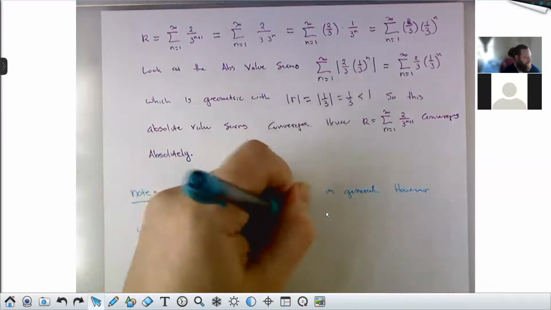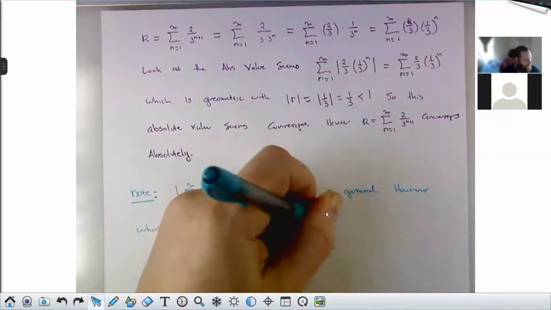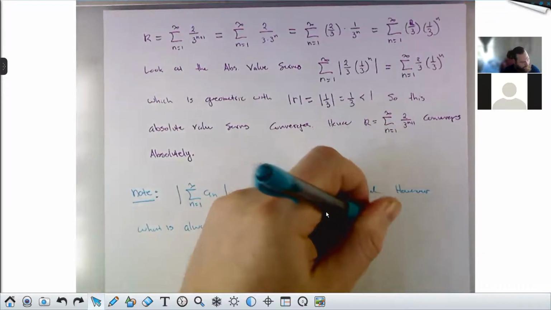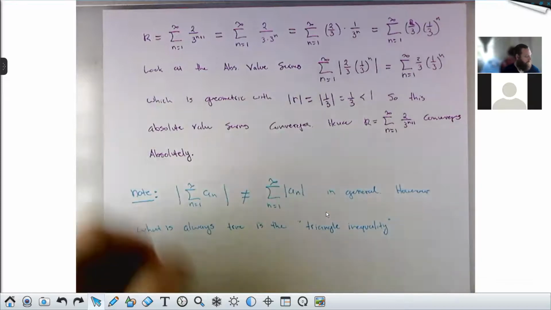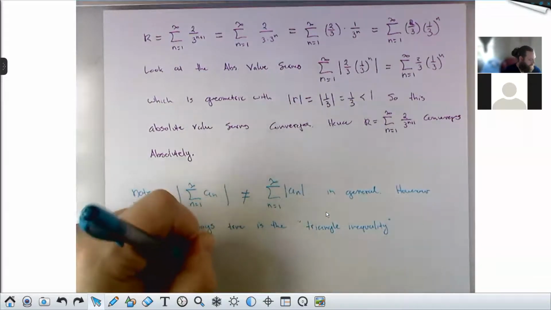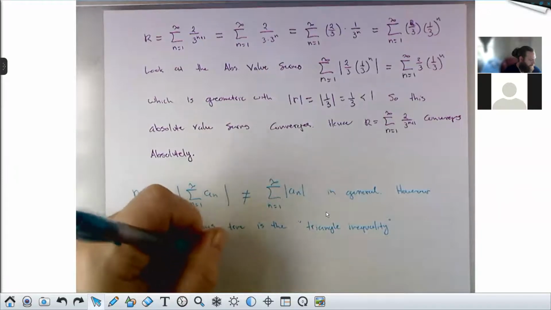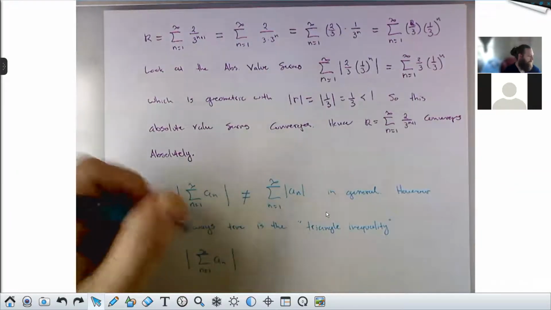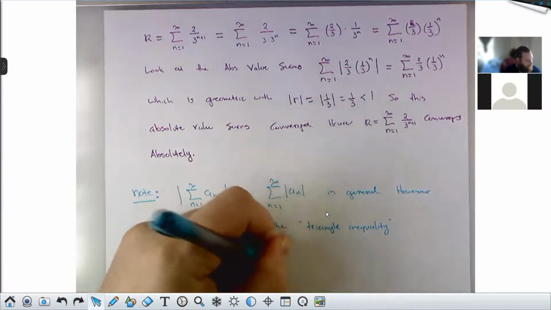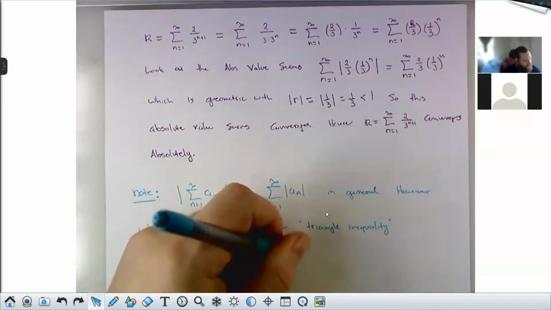This is sometimes called the triangle inequality. It's actually a sort of infinite version of the triangle inequality, which says that if you take the absolute value on the outside of your series, you will always get something that is less than or equal to the absolute value inside the series.